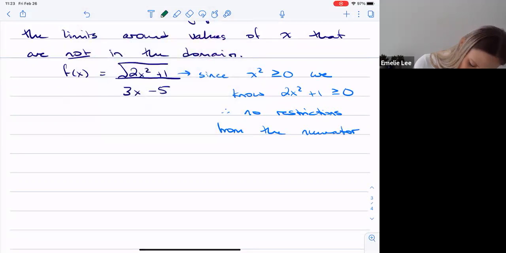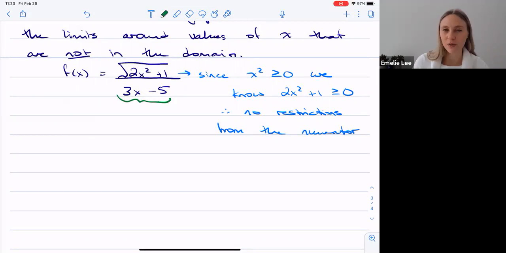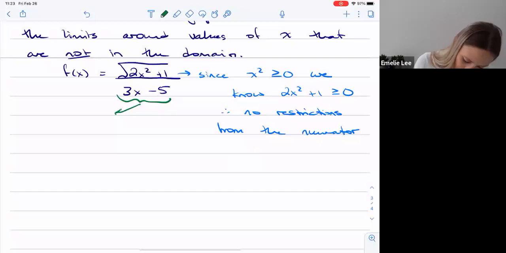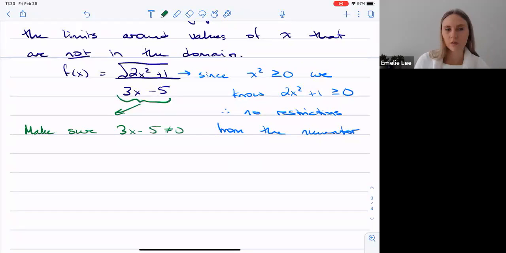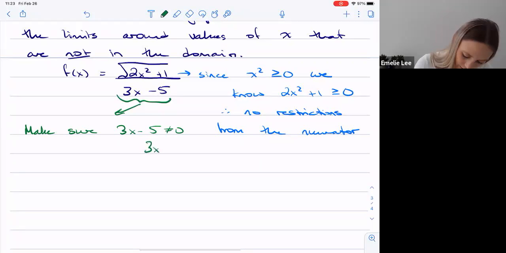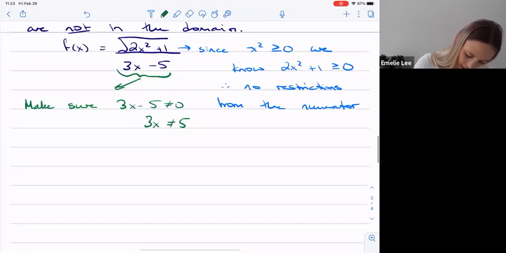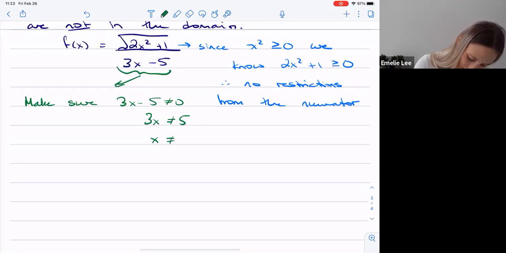Okay. So then I need to make sure that 3x minus 5 is not equal to 0. Make sure 3x minus 5 does not equal 0. So 3x can't be equal to 5, so x can't be equal to 5 over 3.